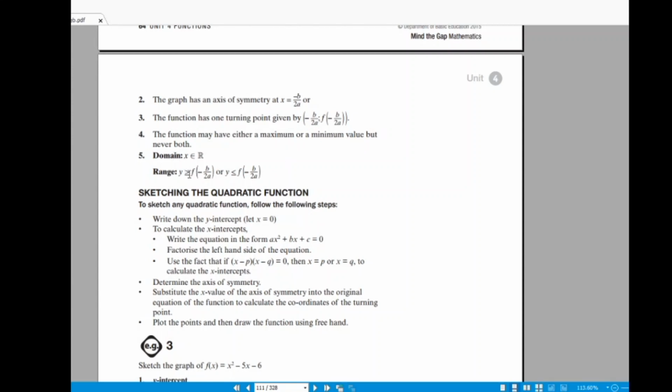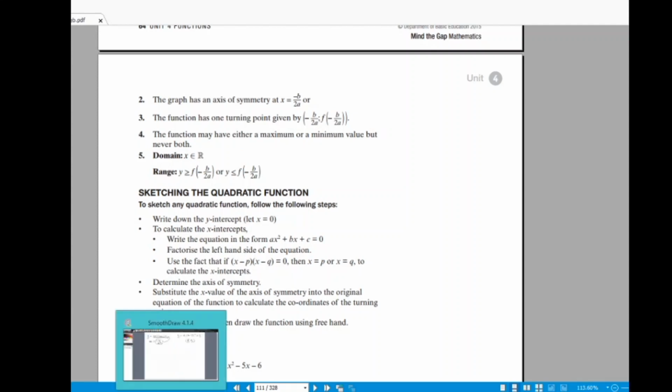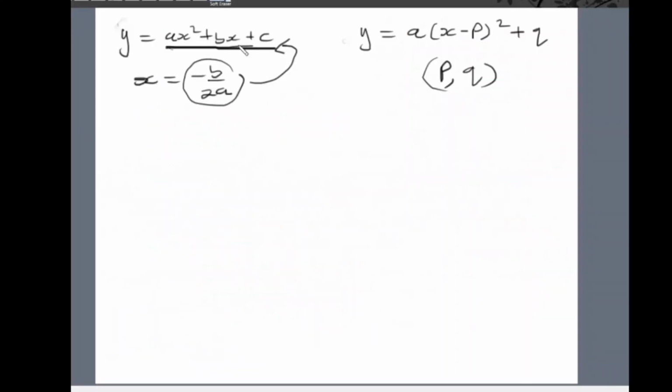So the domain of the function is the entire x-axis, and the range is, okay, let us try to visualize the domain and range of a quadratic function. So the domain, let us say our graph looks like this, right?